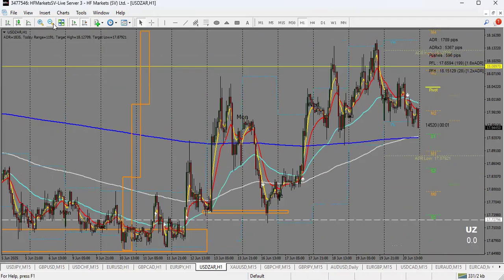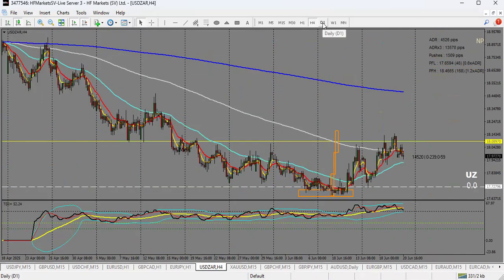So that gives me another view on USD ZAR as it might form like a head and shoulders here and continue to fall. So we might see a head and shoulders pattern here and continue to sell.